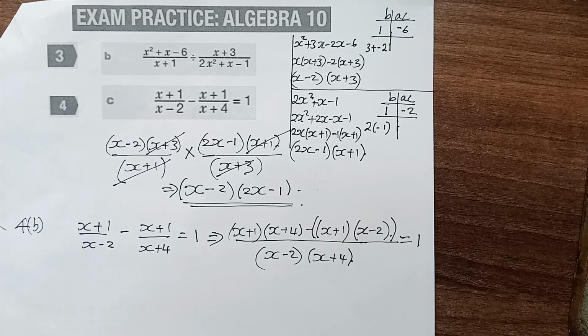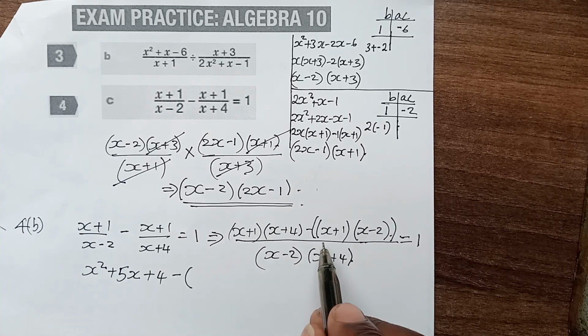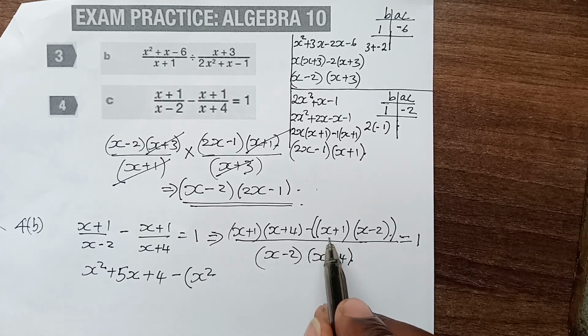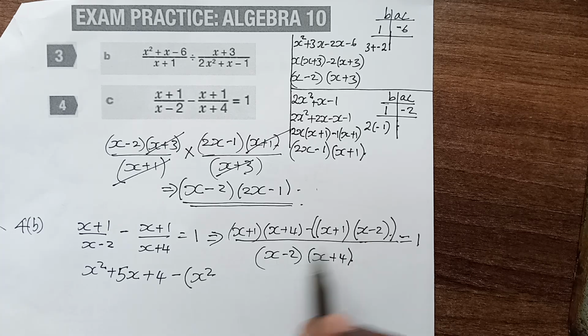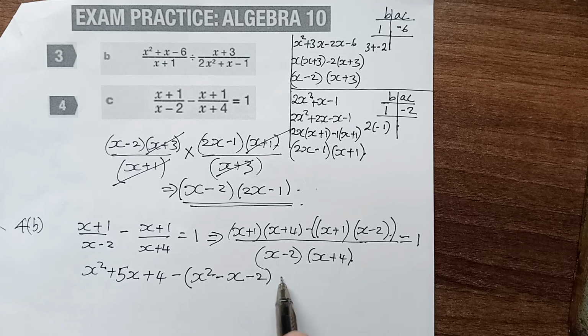It is still equal to 1. And therefore, expanding or opening these brackets, we have x squared plus 4x plus 1x, so plus 5x plus 4, minus, open bracket, x squared minus 2x plus x minus 2.